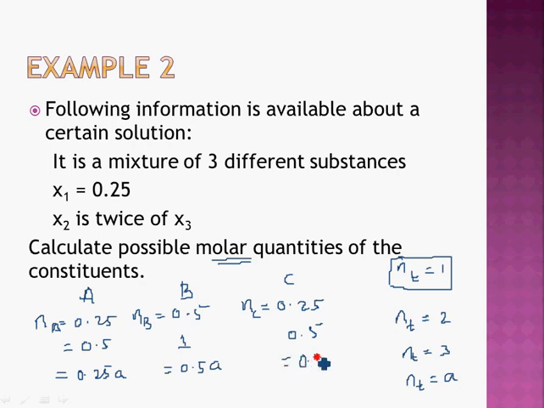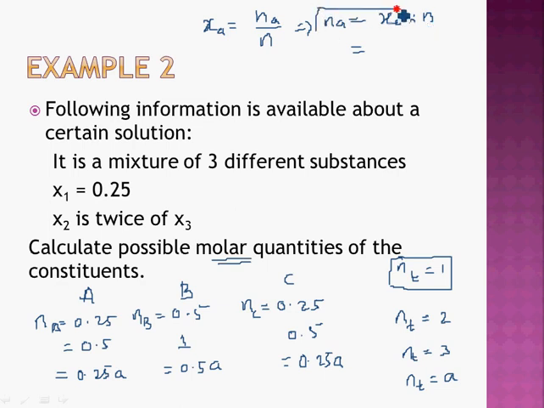It's quite simple actually. See, mole fraction is equal to individual moles divided by total moles. So this implies individual moles is equal to XA multiplied with N, that is mole fraction multiplied with total moles.